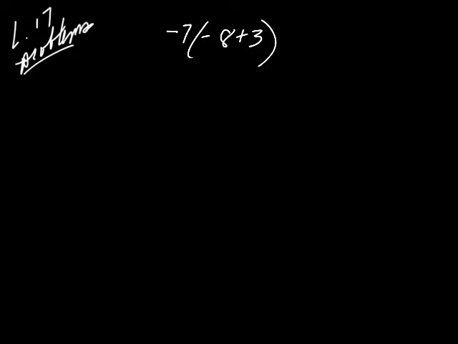The distributive method says we take negative 7 times negative 8 and get positive 56, and then we take negative 7 times 3 and get negative 21, and then when we add those together we get 35, just like we did in the last problem.